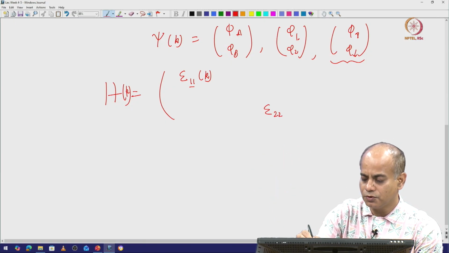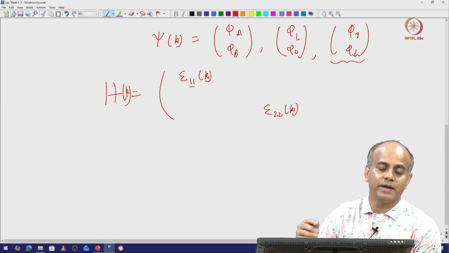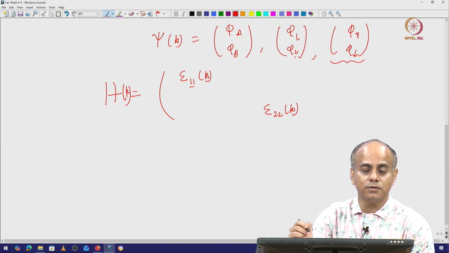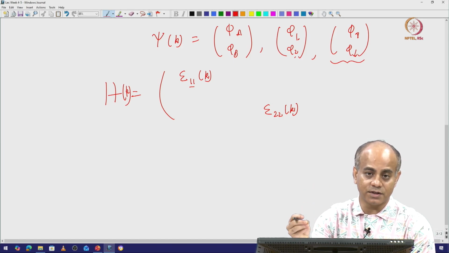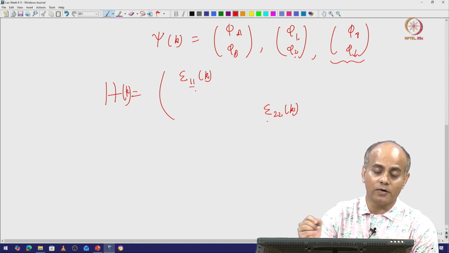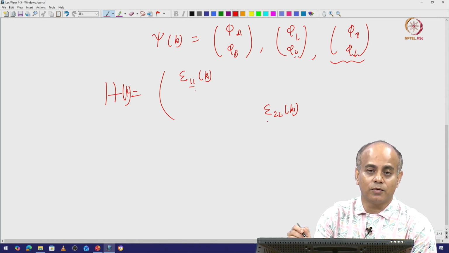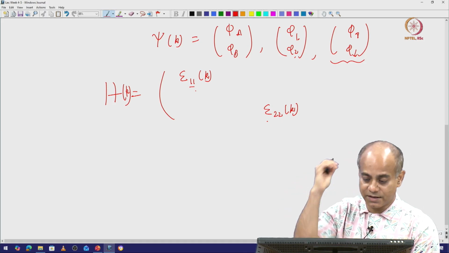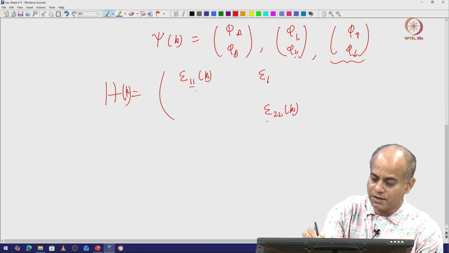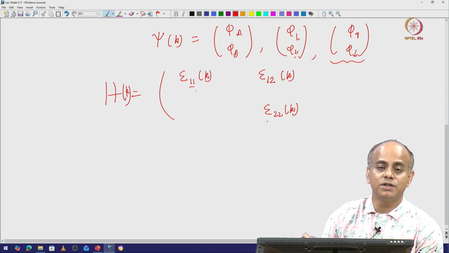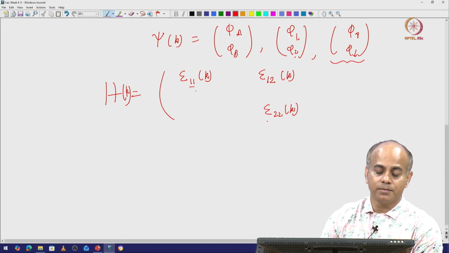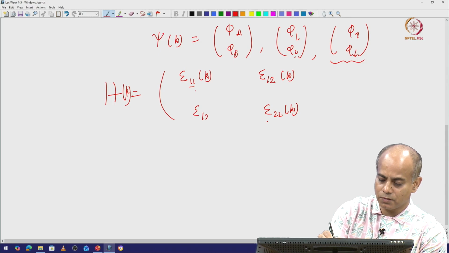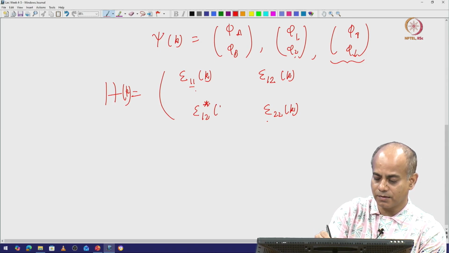And this will be 2 2, which is again the same thing, hopping from orbital 2 to orbital 2, which can have an on-site energy that may differ from orbital 1, and nearest neighbor and next nearest neighbor. And this is 1 2, which is the hopping between orbital 1 and 2, and this is going to be the complex conjugate due to hermiticity.